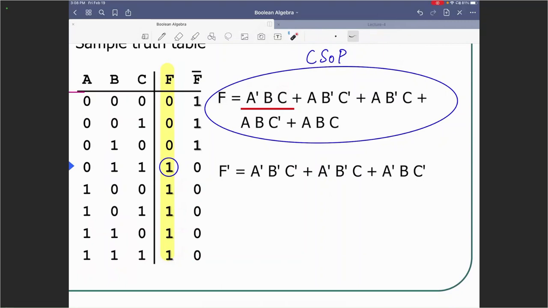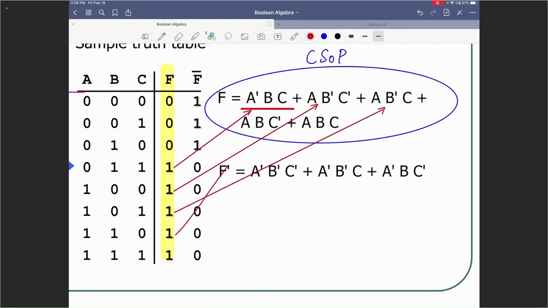So that entry right there, let me use a pen here, maps to that. A is 0, B is 1, and C is 1. Next, this one would map to that term. A is 1, B is 0, C is 0. And similarly, that would map to that, and this would map to that, and that would map to that.